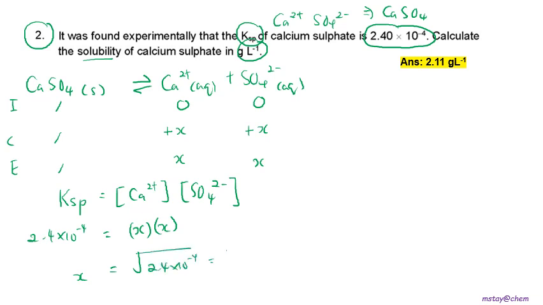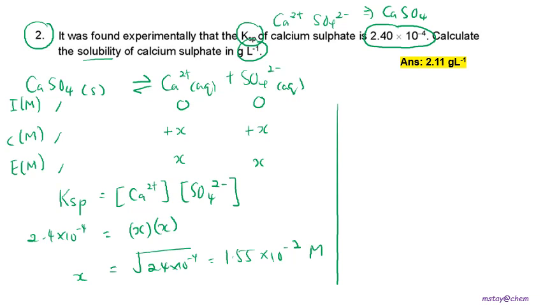We get the answer is 1.55 exponent negative 2. Normally for the ICE table, the unit is in mole per liter. So after we get the value of x, the concentration of Ca2 plus is 1.55 exponent negative 2 mole per liter.